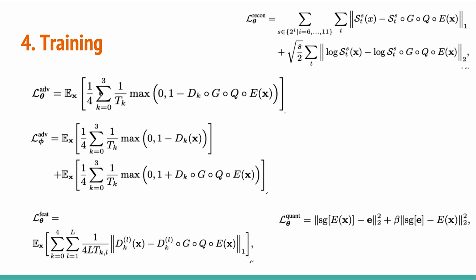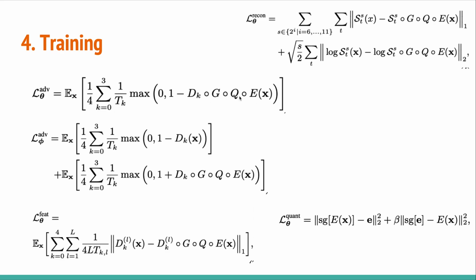They're using an expectation, and like I said, three or four discriminators: three for the time domain and one for the Fourier domain.